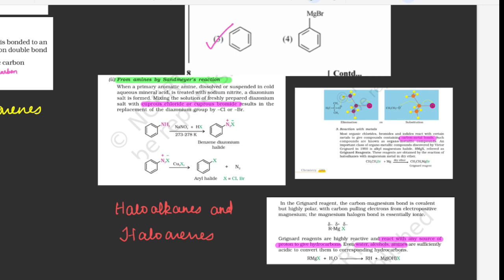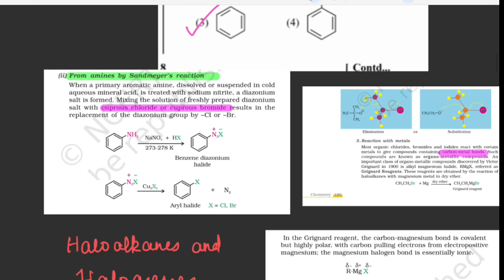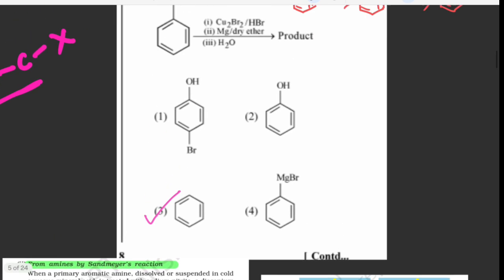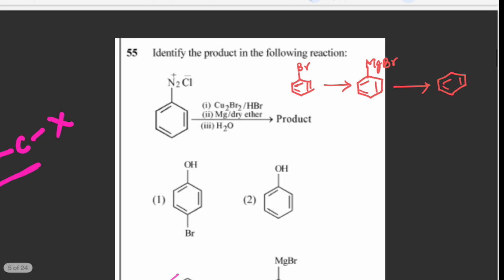In the Sandmeyer reaction, when it is treated with cuprous chloride or cuprous bromide, the entire group will be replaced by halogen, which is Br here. So you will get this as the product.